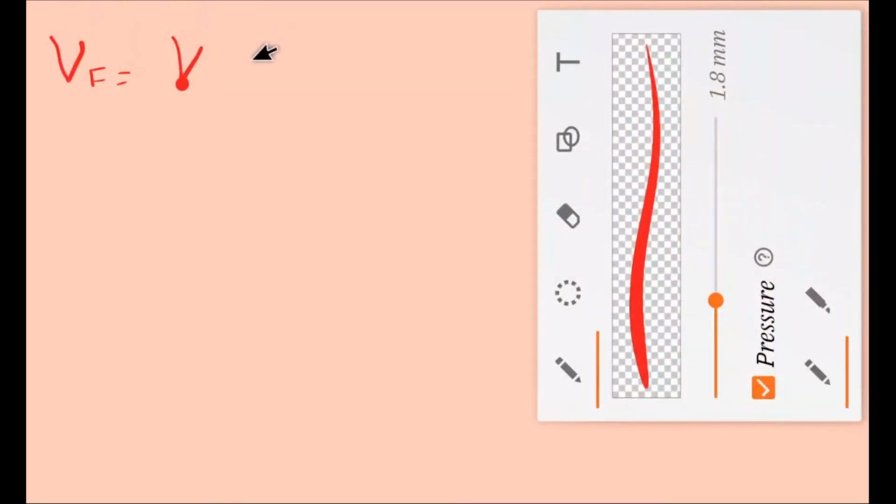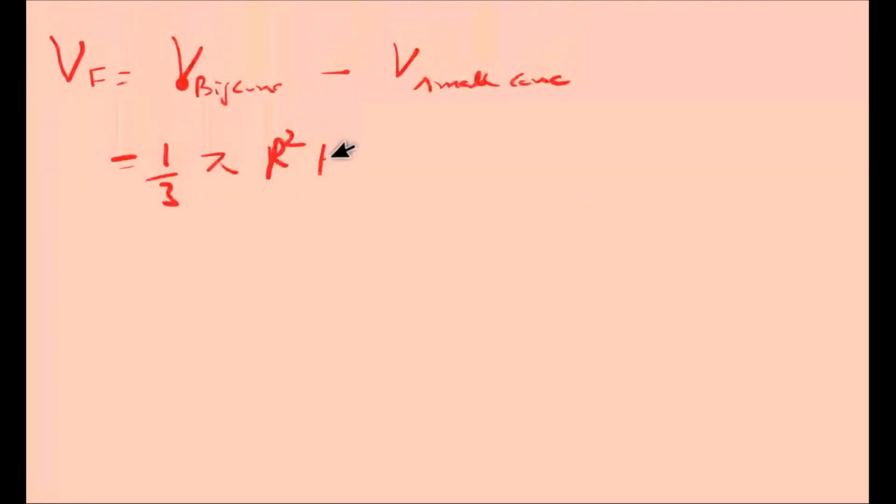Okay. Now volume of frustum equal to volume of big cone minus volume of small cone. What is the volume of big cone? 1 by 3 pi, in the previous figure, radius R, height h, minus 1 by 3 pi radius r square, height h minus k.